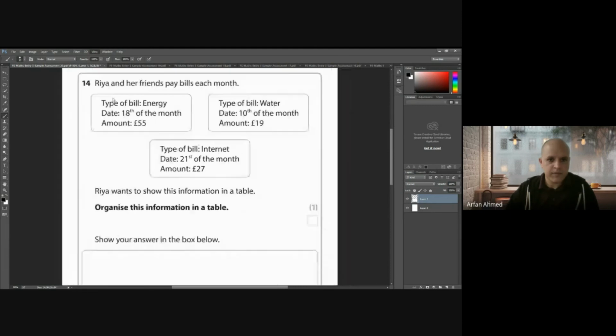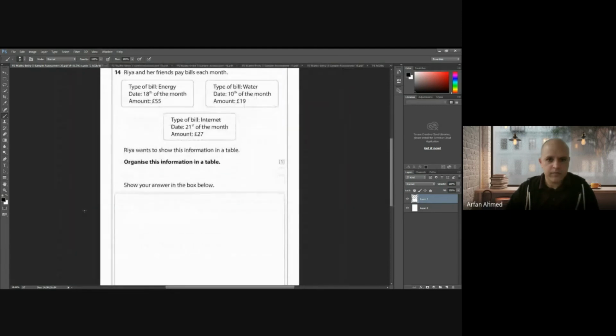For 1 mark, yeah. Again, you don't need to go crazy about this. Let me just zoom out a little bit. So you've got 3 bits of information on all of them. You've got type of bill, you've got date, and you've got amount. Obviously, you guys use a ruler.